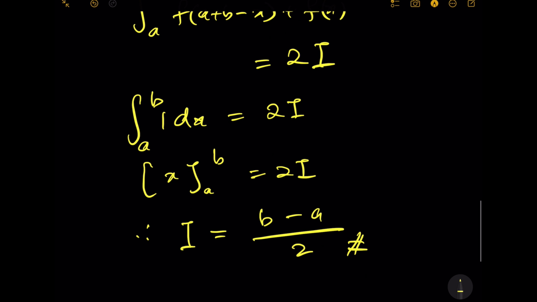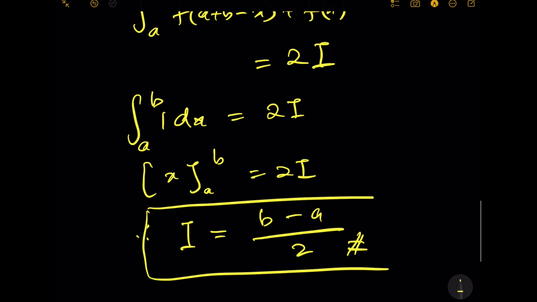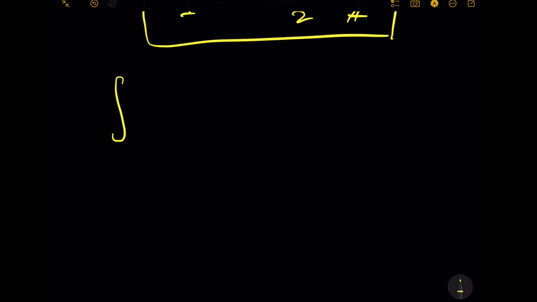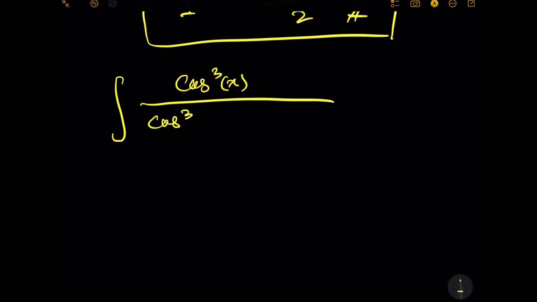Okay. So once we have this equation, we're going to plug it into our trigonometry equation, which is the integral of cos power 3 x divided by cos power 3 x plus sin power 3 x, dx, from 0 to pi over 2.